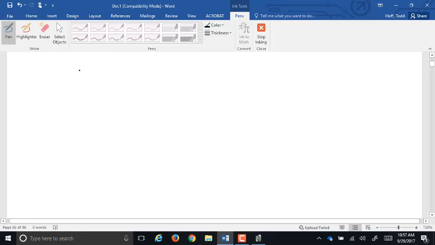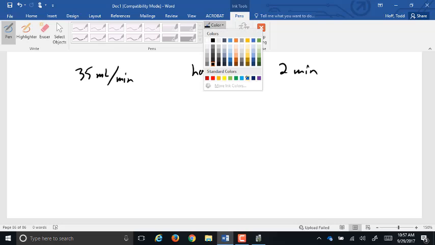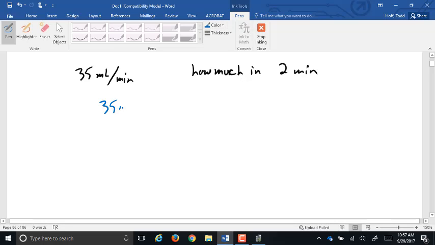You know, if you have an IV flowing at 35 milliliters per minute, how much is going to flow in 2 minutes? Well, same type of thing. You got your 35 milliliters over 1 minute. If you multiply by 2 minutes over 1, the minutes are going to cancel out.